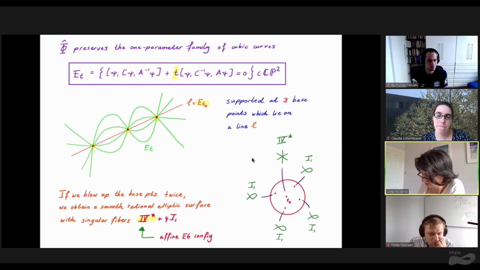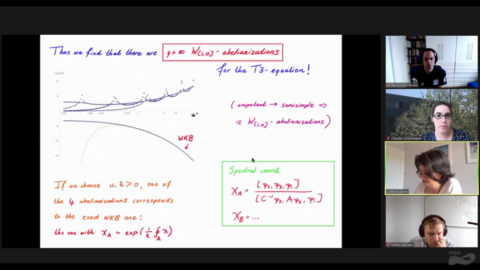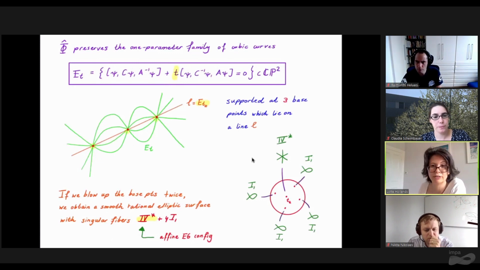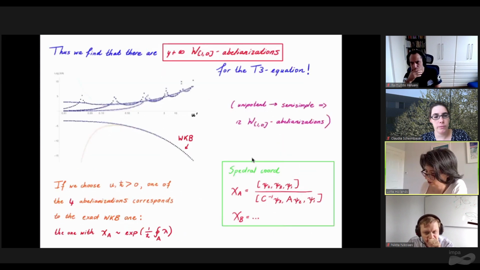So this is kind of interesting because now we can actually count them. We know that the abelianizations correspond to the fixed points, to the nodal points of this rational elliptic surface. So it turns out that there are actually 4 plus, well, a line of abelianizations.